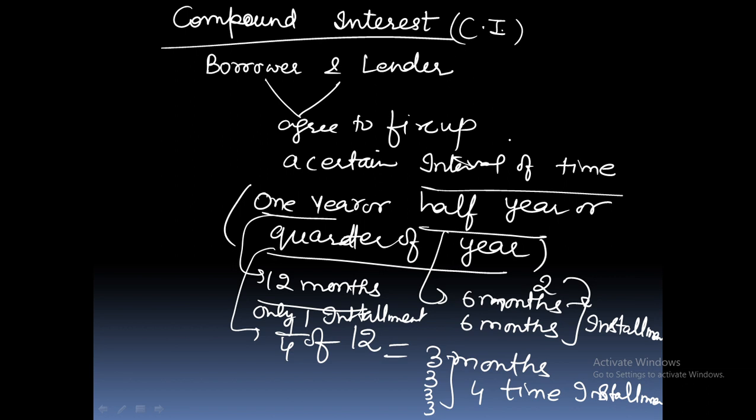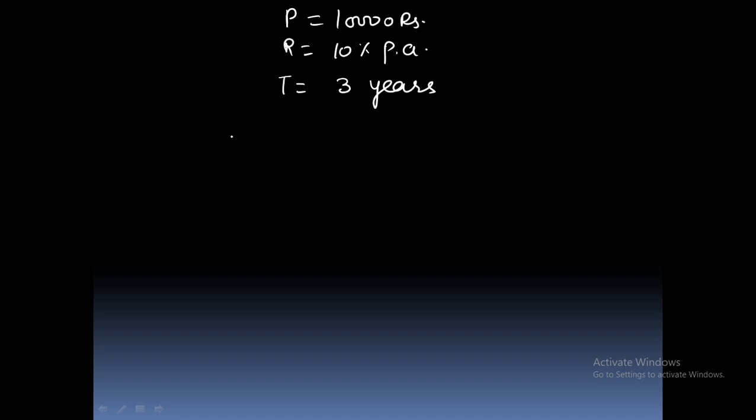Then the total interest over all the intervals calculated in this way is called the compound interest. For example, one borrower borrows 10,000 from a lender, and the rate of interest is 10% per annum, that means year wise, and time is 3 years. Now here compound interest will be calculated by this formula: amount minus principal.